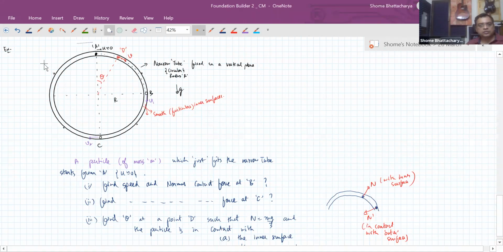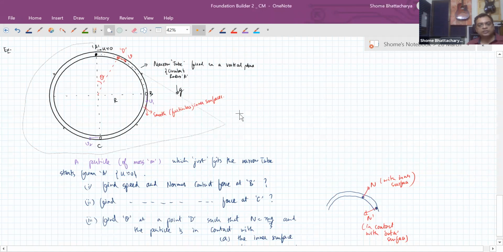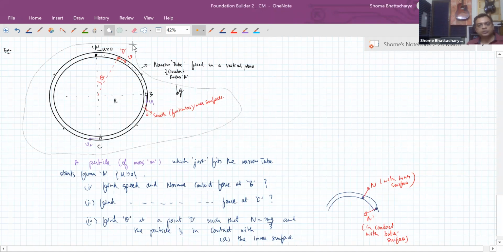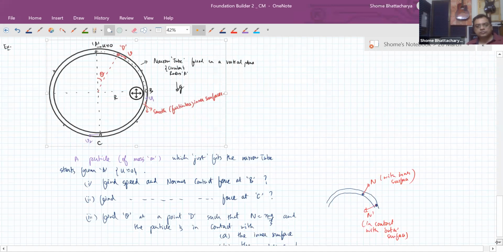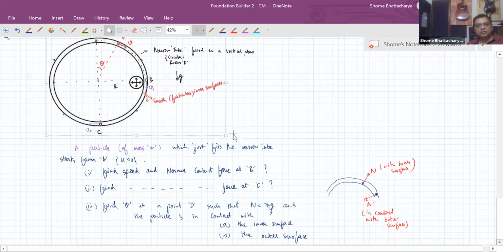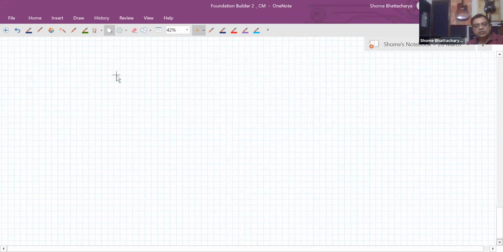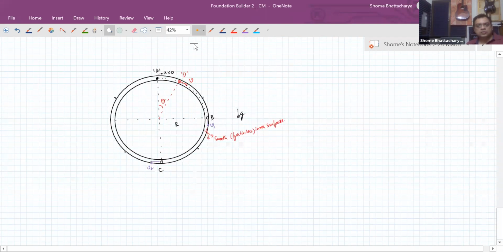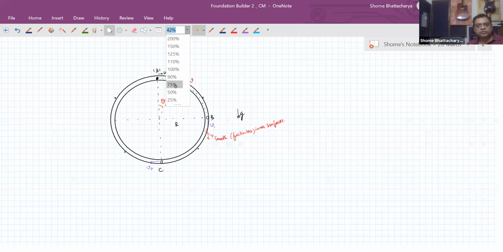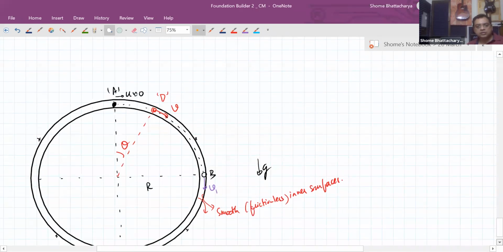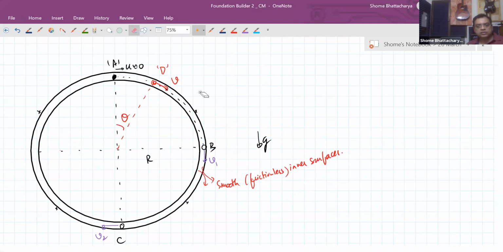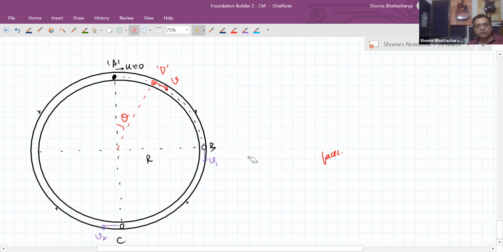So I'm just showing the basic method of calculation for everybody else also. So now we just concentrate on the motion between A and B. Forget about the other things.